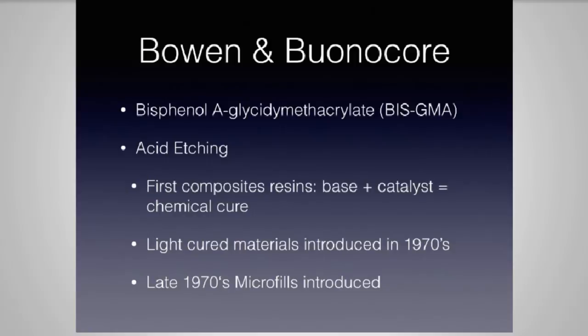Eventually, over time, this evolved into light-cured materials and eventually into microfilled materials that were introduced in the late 1970s. It's amazing to think that it took until the 1970s that these materials became apparent.